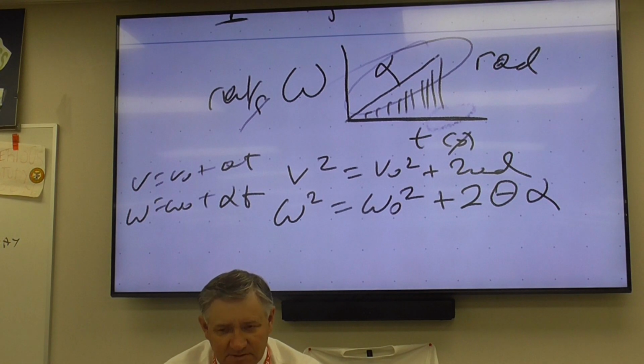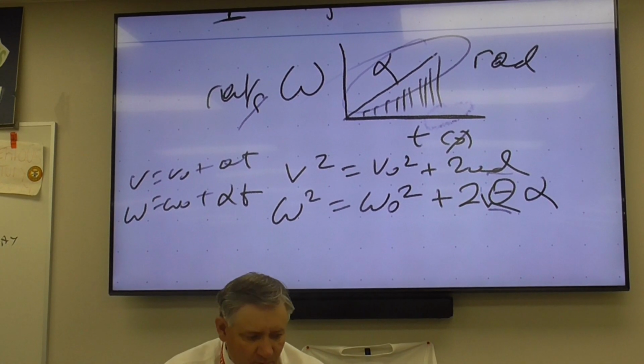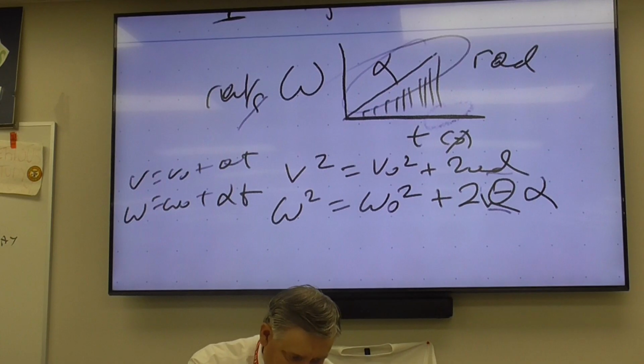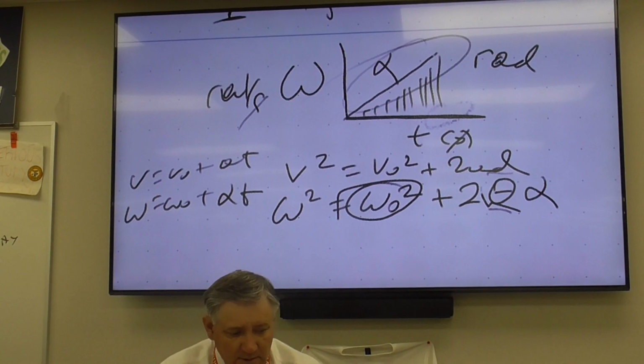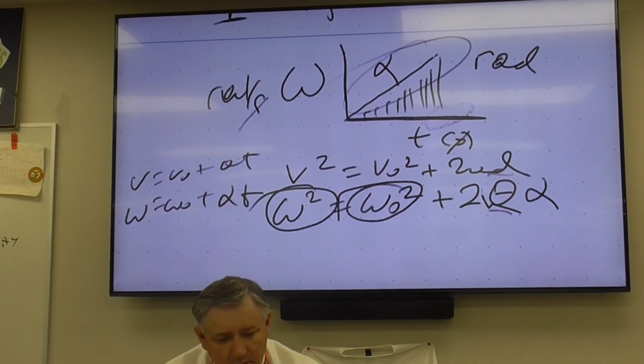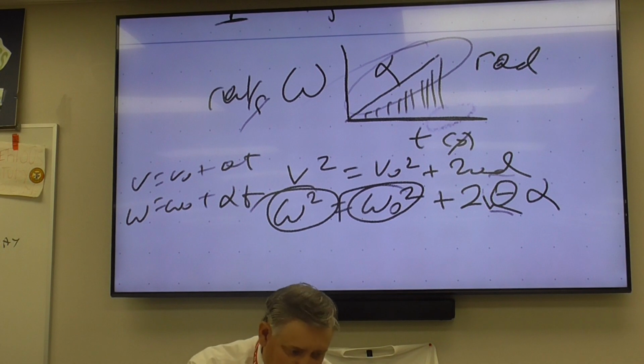No. What do you want to change those into? Radians. So now I have my radian value. What's the initial velocity? 0. Do you know the final velocity? 4 pi radians per second. You got that number.